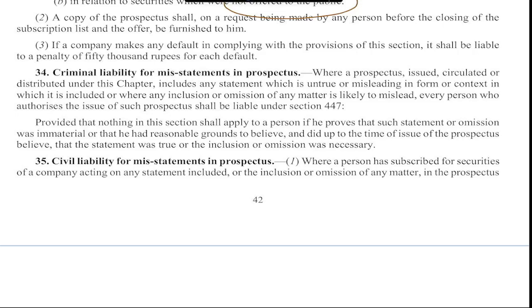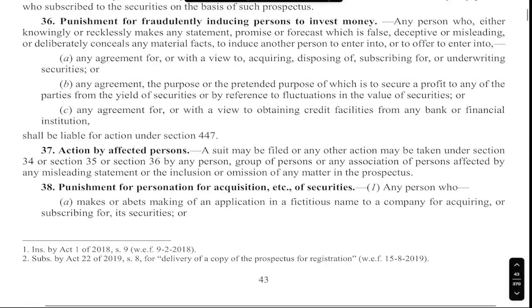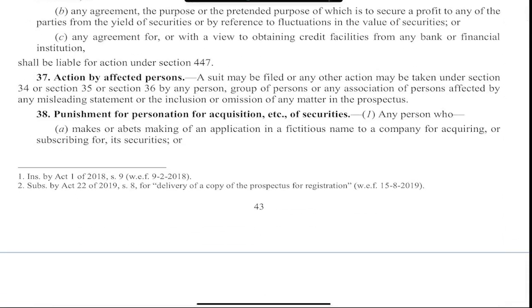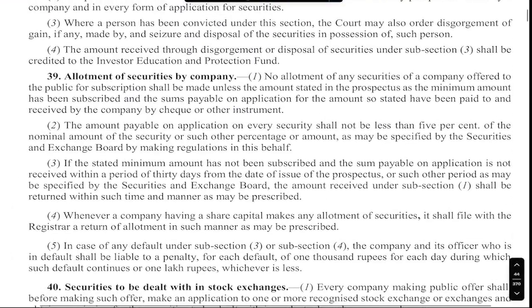Before reading this, see the section numbers: 34 criminal liability, 35 civil liability, 36 punishment, 37 action by affected persons, 38 punishment for personation. After that, the allotment-related sections, and with that the chapter will be completed.